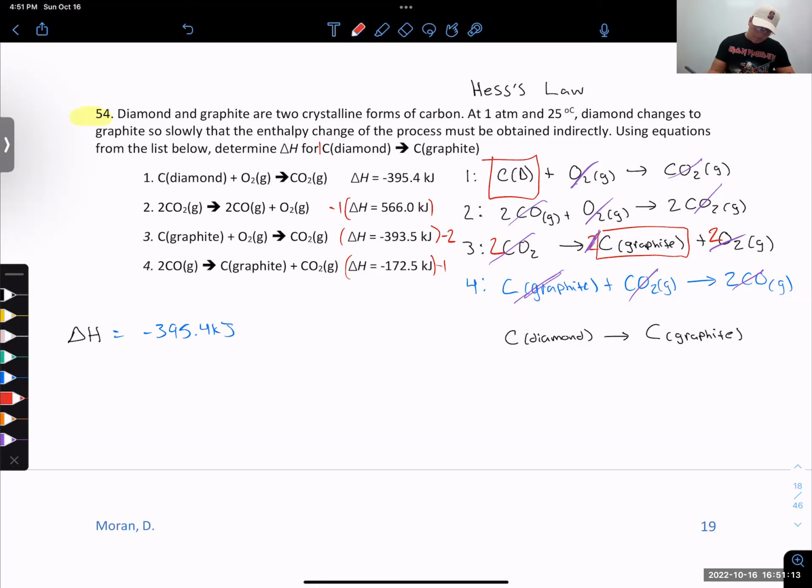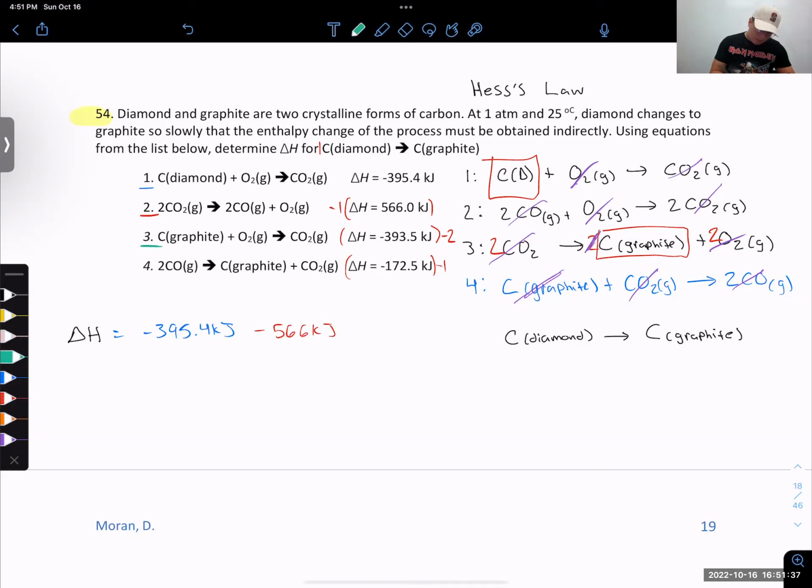And then for number 2, I'll do it in red. For this original reaction, we had flipped it, right, to get this. So when you flip it, you have to multiply it by -1, so that way you get the opposite sign. So this is actually going to be minus 566 kilojoules.